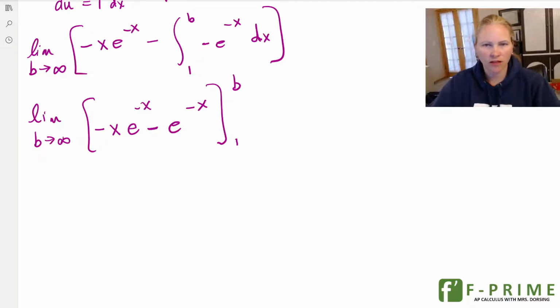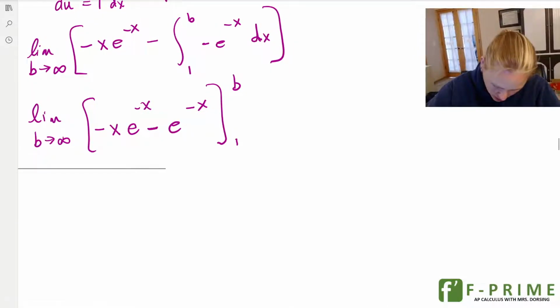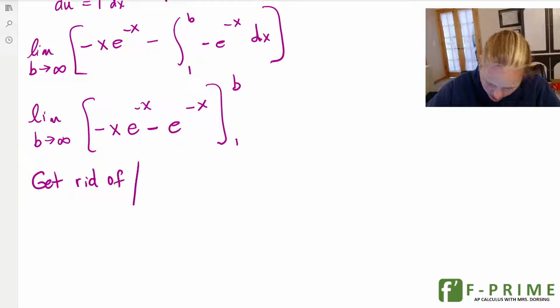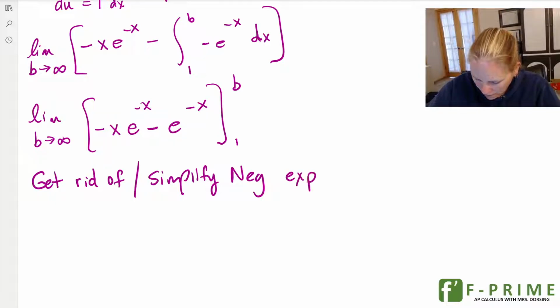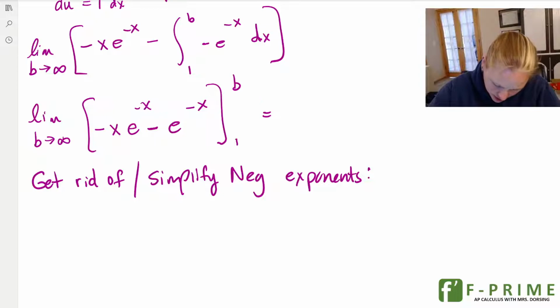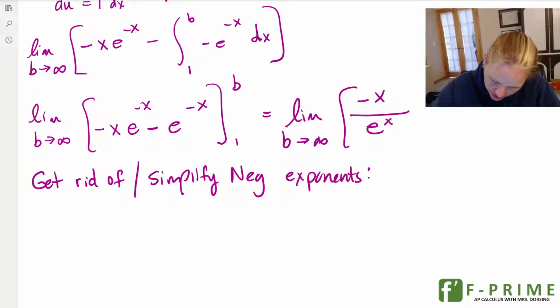Anytime we're evaluating limits, we want to get rid of negative exponents, so simplify negative exponents. What I mean by that is this: this is going to be the limit as b approaches infinity of negative x e to the x minus 1 over e to the x.